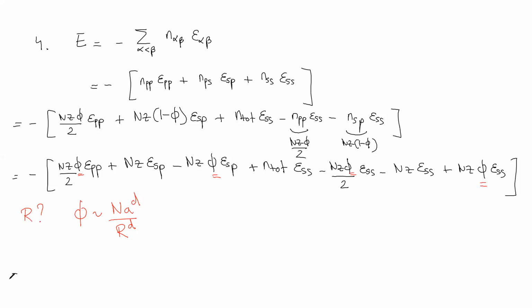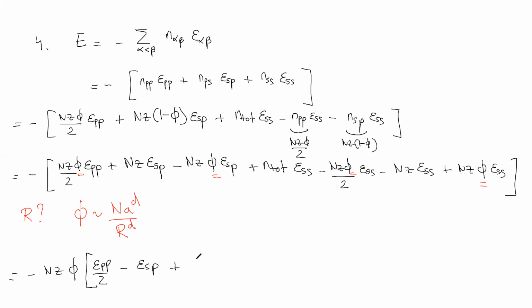So I can write this as minus NZ phi, keeping only those relevant terms, in front of what? I have epsilon PP over 2. I have minus, plus epsilon SP. I have this one, which is, no, sorry, it should be a minus here. Okay. Then I have a plus, which is here.